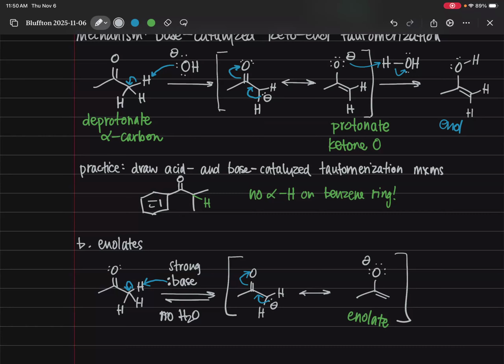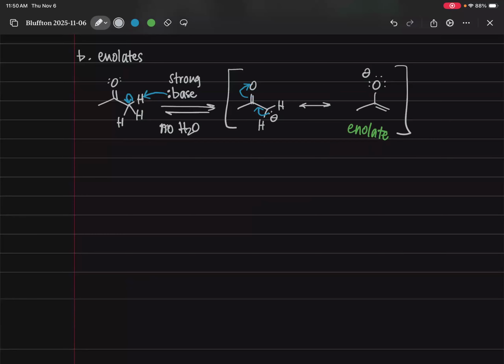So this is relatively stable because it's resonance stabilized, right? I said it's stabilized, but of course it's still quite a reactive molecule. Because of the resonance structures, it's got two reactive sites.